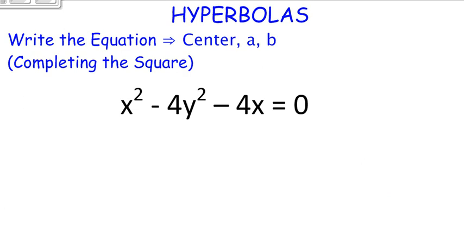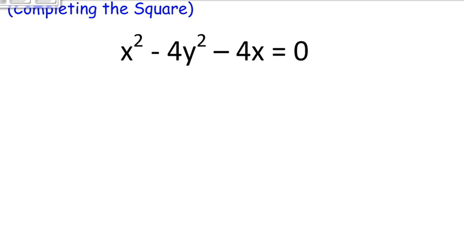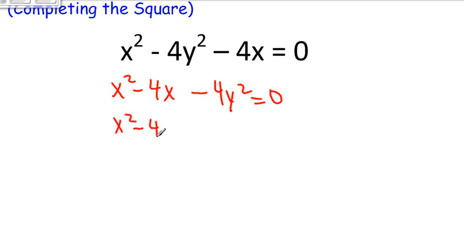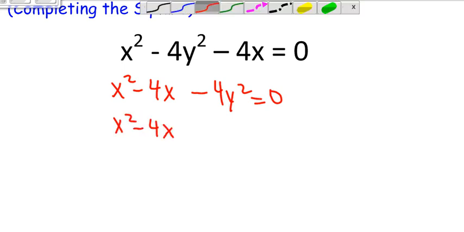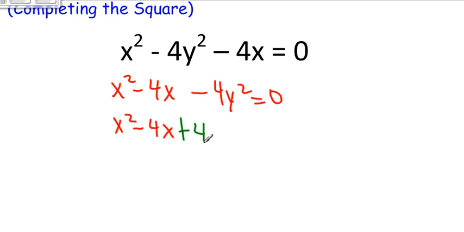All right, let's complete the square for this and again find our a and our b. So we're going to have x squared minus 4x minus 4y squared equals 0. So if we complete the square over here, we're going to have x squared minus 4x plus 4.